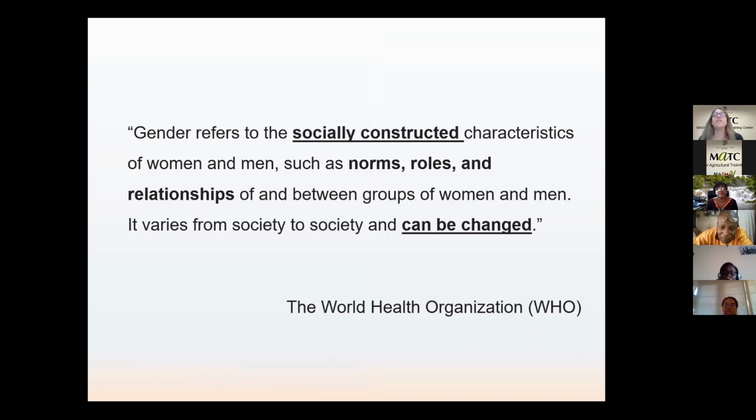These are socially constructed characteristics, and also, they can be changed. Gender encompasses so much more than just a person's sex. It encompasses the meaning that we attribute to being a man or a woman in our society.